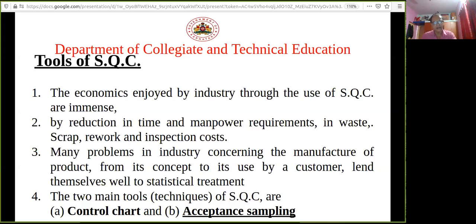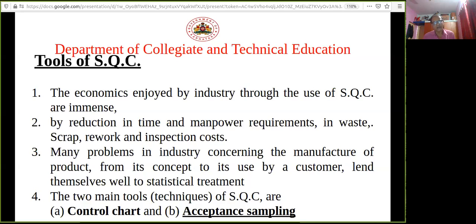For example, if I take a control chart called the X bar R chart, X bar is nothing but the variables, and R is nothing but the range in the variables.